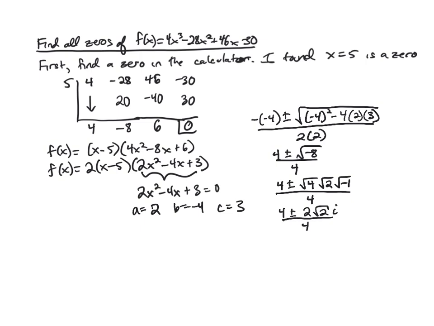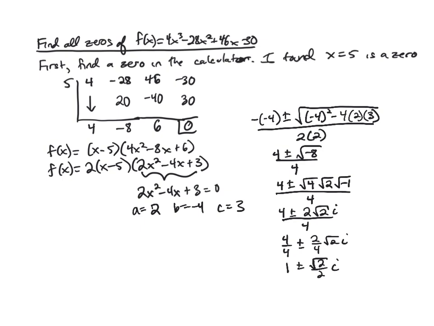Now, with imaginary numbers, we often like to have the real and imaginary parts separate, so I'm just going to break this fraction up into 4/4 plus or minus 2/4 square root of 2 i, and that will tidy up to 1 plus or minus 1/2 square root of 2 i. I could also write that last part, if I wanted to, as square root of 2 over 2 i.